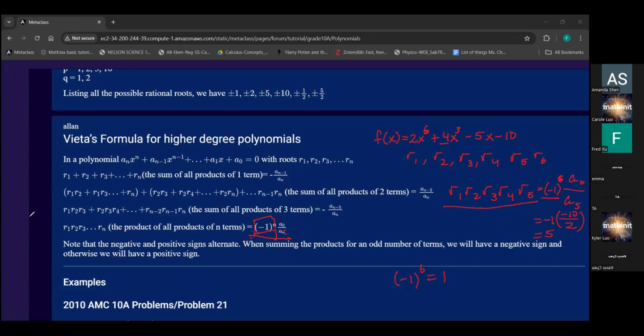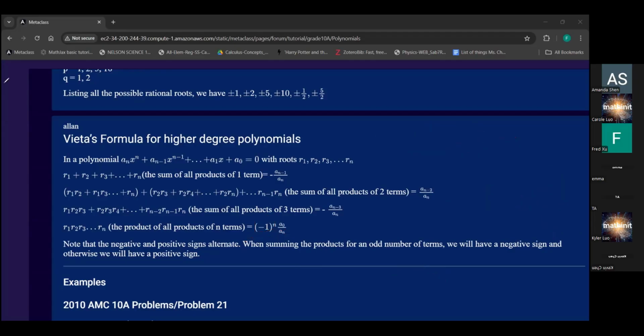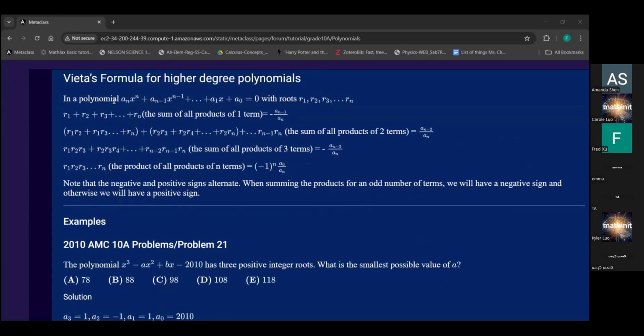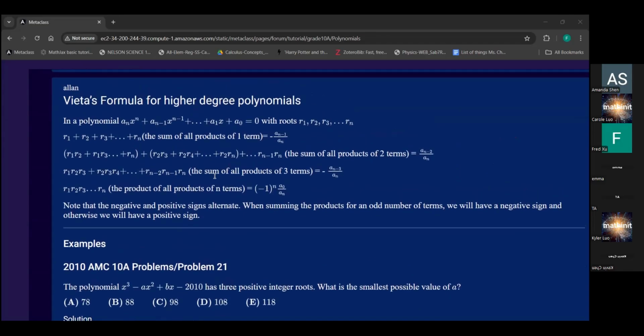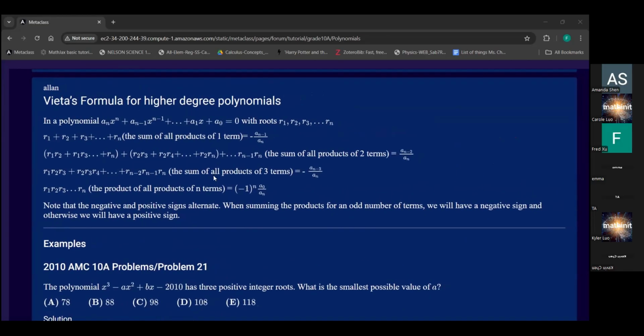Are there any questions here? Okay, no. In that case, I would like you guys to try out this math contest question. The polynomial x cubed minus a times x squared plus bx minus 2010 has 3 positive integer roots.